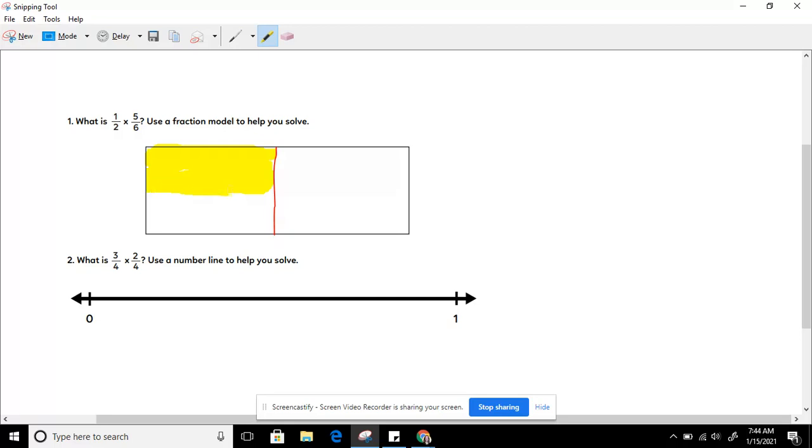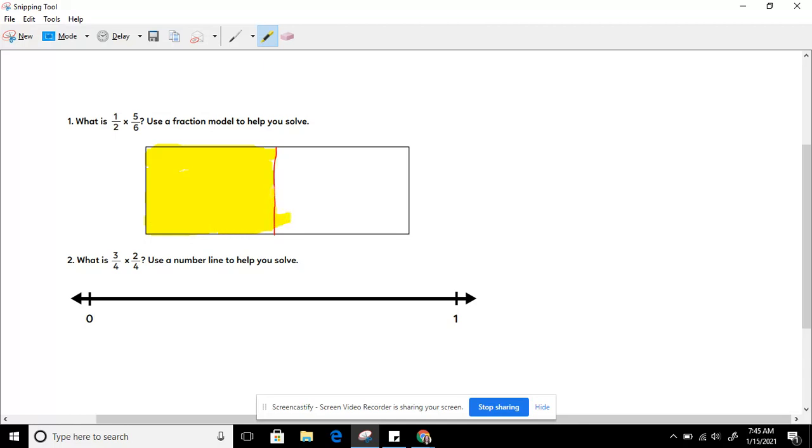Now, when you're doing this, it might be easier to have it printed. If you don't have it printed and you're doing it on your iPad, you want to just choose a light color. You are going to need 2 colors, like 2 color pencils, 2 crayons. If you're doing this digitally, you're just going to need 2 different color tools. And I would choose a light color and a dark color.